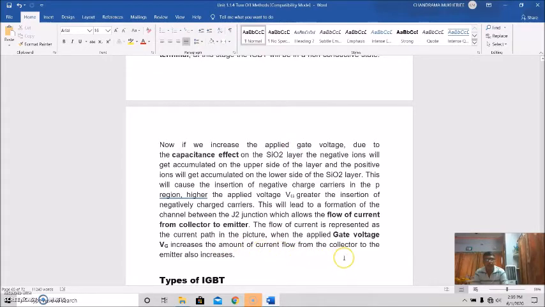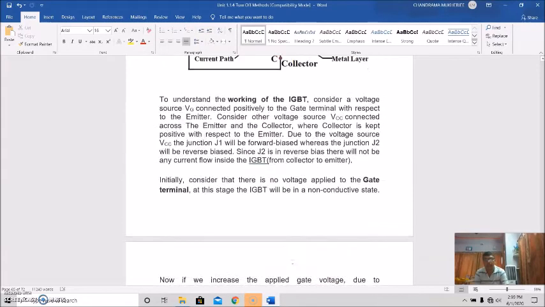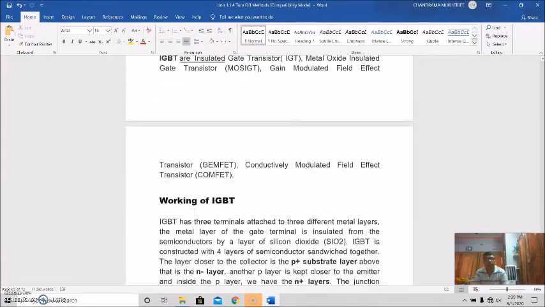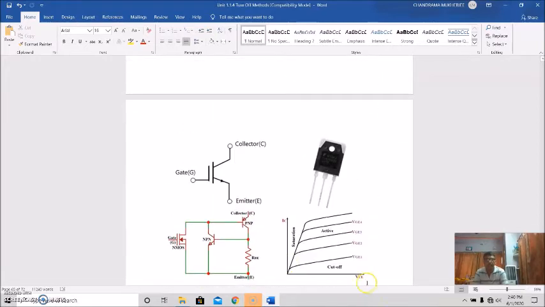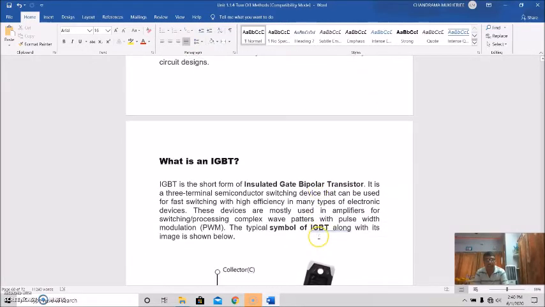When the applied gate voltage increases, the amount of current flow from the collector to emitter also increases. As I told you at the very start, this is the characteristic which I will discuss later on in detail.